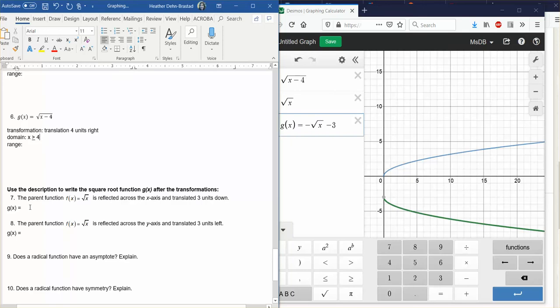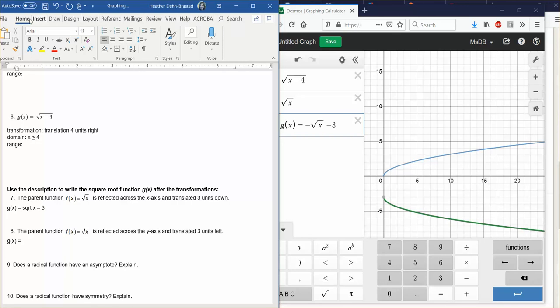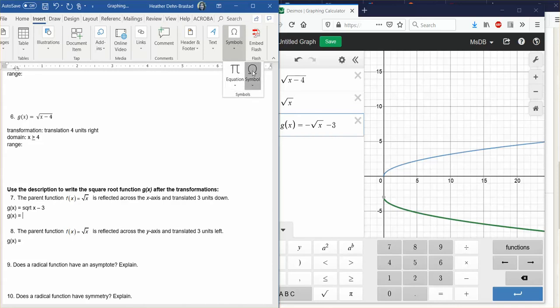G of x equals, so for square root you can just write sqrt x and then minus 3, or you can get the square root symbol, insert symbols, and there's a square root symbol, square root of x, and if you wanted it to be the square root of x minus 3 all under the radical, you would need to put parentheses around it, like this.